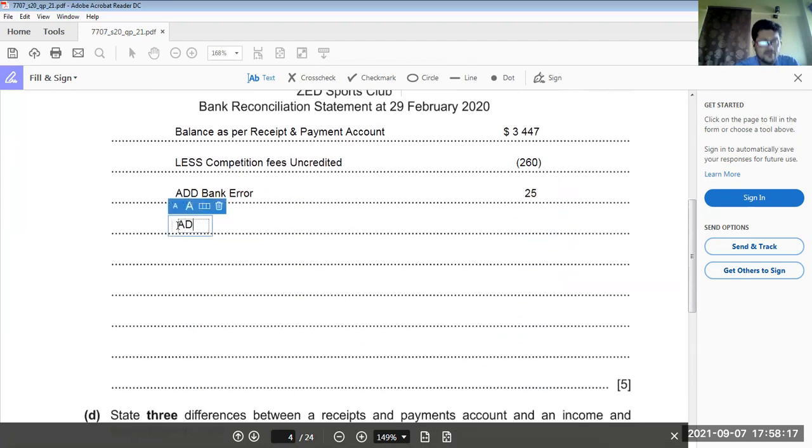Add unpresented cheques. How much? Done. So have we reached minus 260, 7,212.